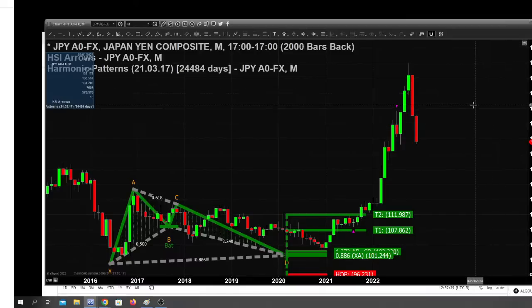There's a long-term setup here, but even if we just walk through the HSI, the monthly did register its first oversold reading back in July. Checked back. Kind of crazy, but all the way through.